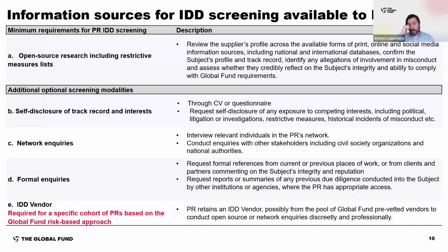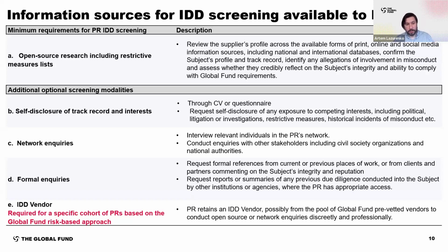Besides self-disclosures, you can obtain independent verification of the information of track record, especially on integrity of the counterparty. So, interviewing relevant individuals in the network that all of our principal recipients have. People who have previously worked with or at the subrecipient or supply organization that you are using, people that are knowledgeable about the regulatory track record of that counterparty and can provide an informed view of the integrity standing.